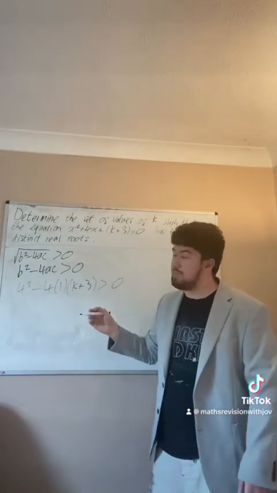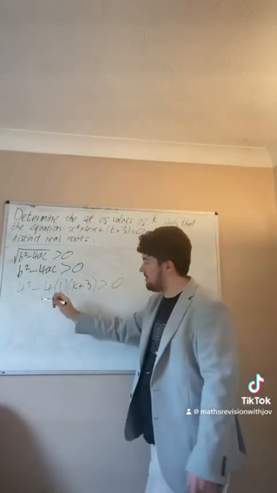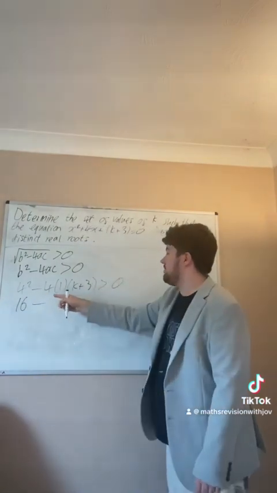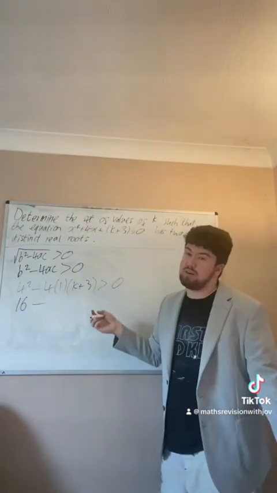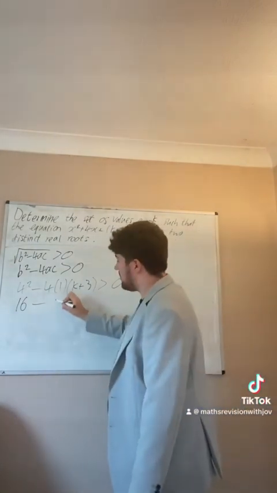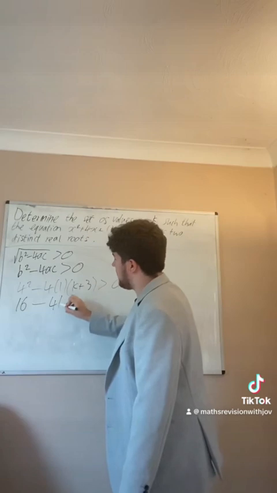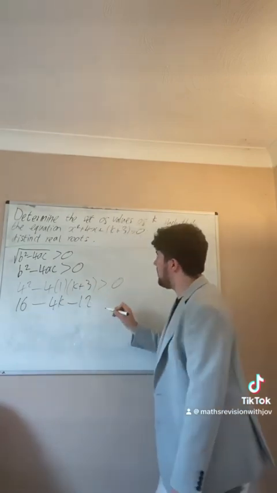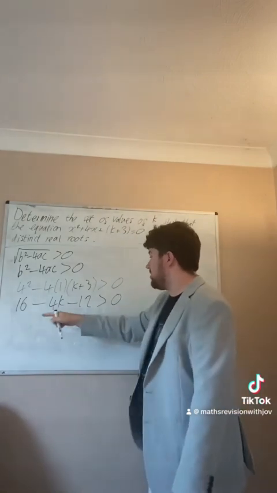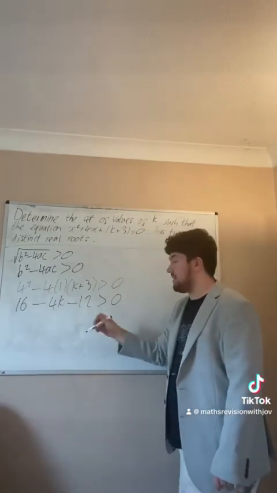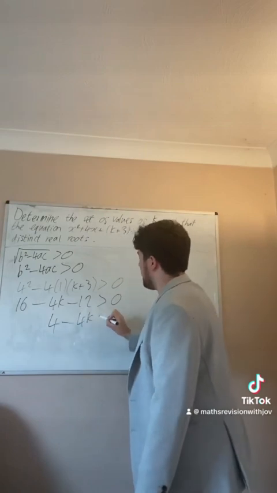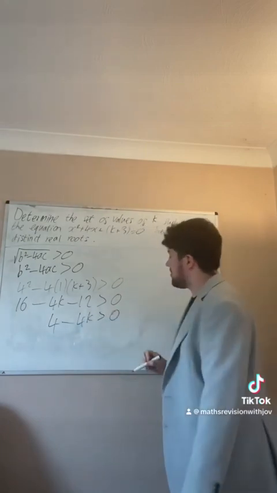We can go ahead and expand, so we can simplify this a little bit. So we get 16 minus 4 times k plus 3, well 4 times k plus 3 is just 4k plus 12, but this is all minus, so it's got minus 4k minus 12, and this is greater than 0, which means we've got 16 and then minus 12 over here, so 4 minus 4k is greater than 0.